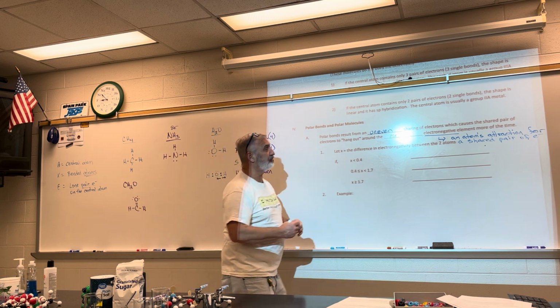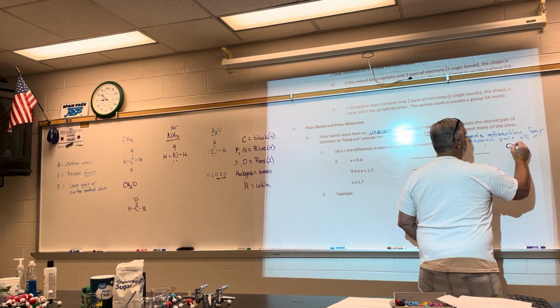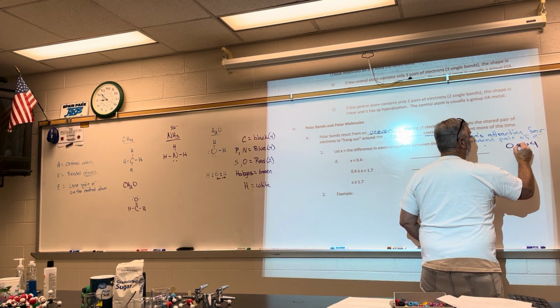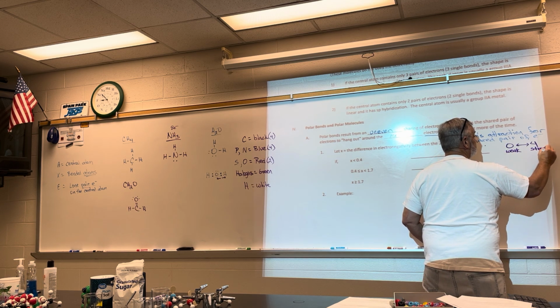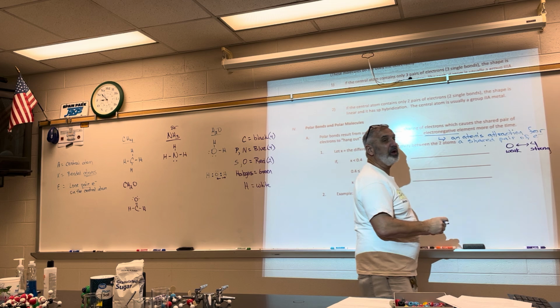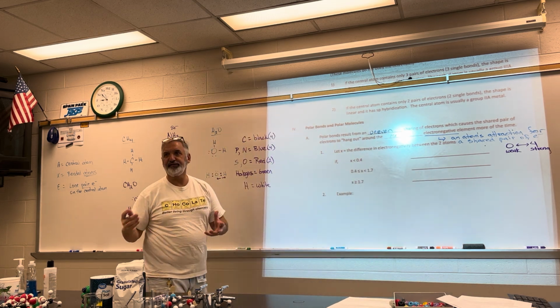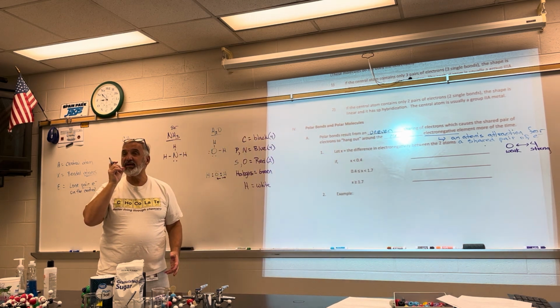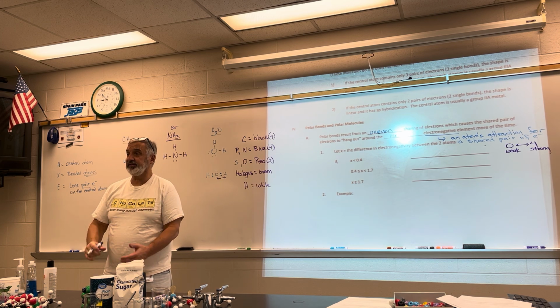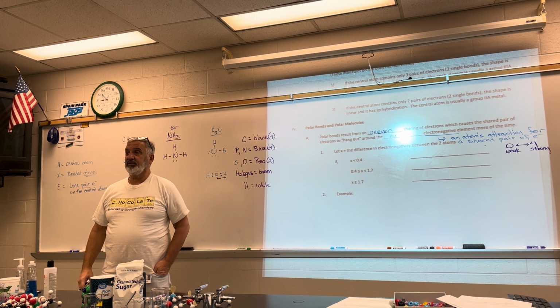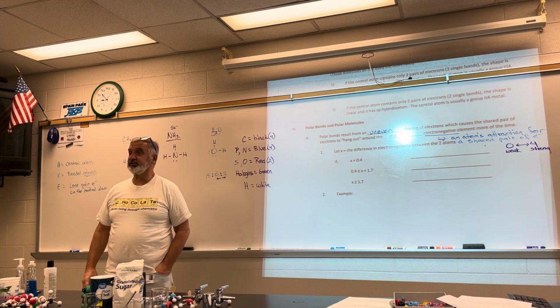Remember, it's the scale from 0 to 4. This is the weak, and this is the strong attraction. There's not a whole lot of differentiation, just 0 to 4. Now, does anybody remember where the most electronegative elements are found? Which are the most electronegative elements on the periodic table?